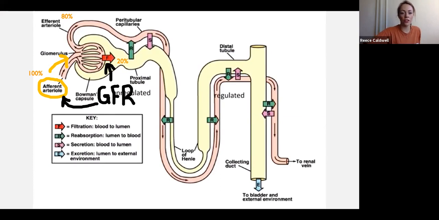So glomerular filtration rate is looking at the total blood filtered in the kidneys per day. And the afferent arteriole is what regulates that process. So the afferent arteriole regulates how much blood is going to be filtered into the kidneys per day.